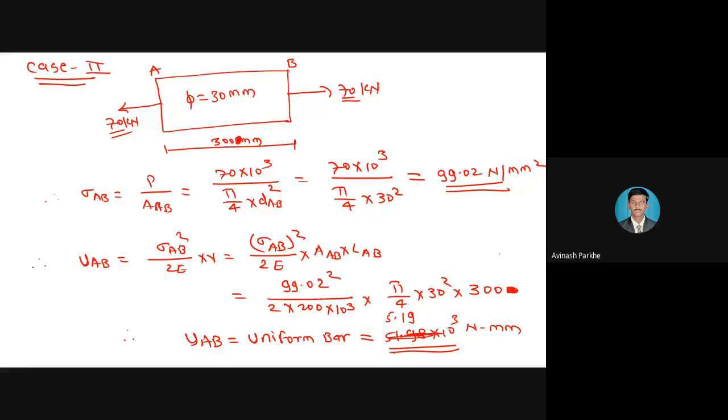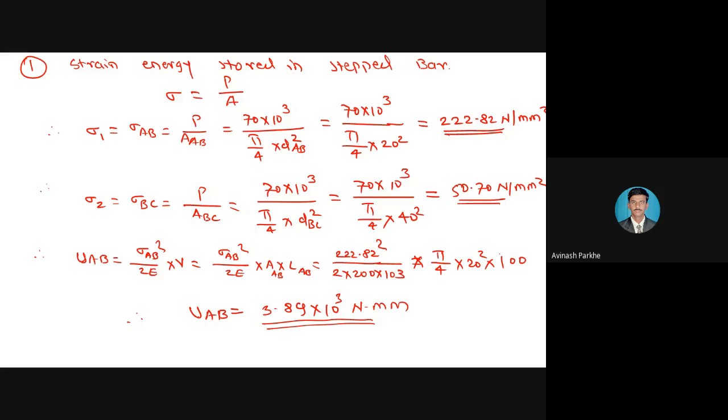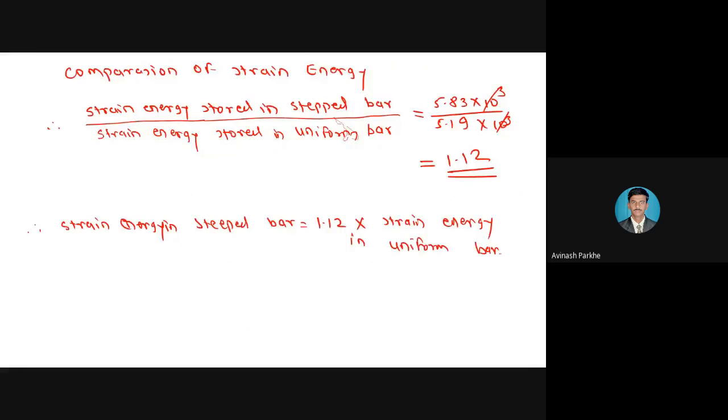But the strain energy stored in the stepped bar will be different from that stored in the uniform bar. At the end, if we compare both strain energies, we can say that the strain energy stored in the stepped bar is more than that in the uniform bar. Here you get this factor: the strain energy stored in the stepped bar is equal to 1.12 times the strain energy stored in the uniform bar.